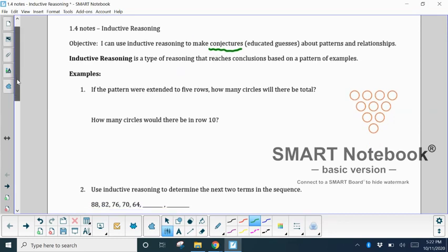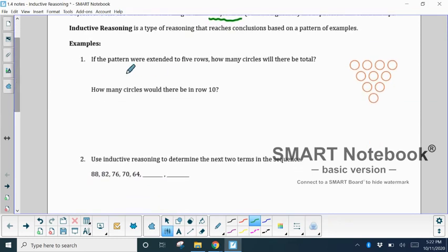If you look at number one, it says if the pattern were extended to 5 rows, how many circles will there be total? If you look at this figure, we have 1, then 2, then 3, then 4 circles. If I were to extend this pattern, in the 5th row there will be 1, 2, 3, 4, 5 circles.